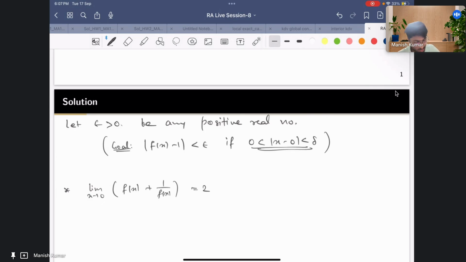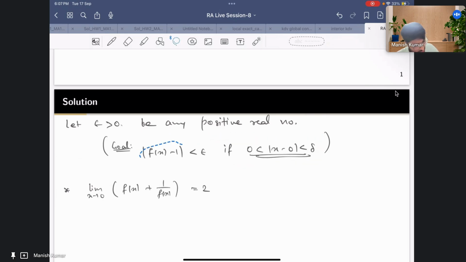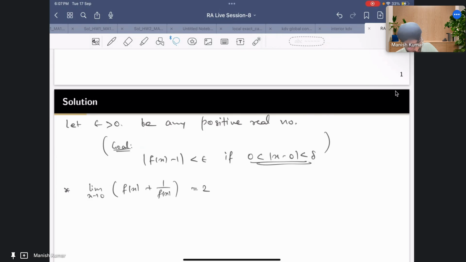So the goal is to find delta greater than 0 such that we have this. This is something that we need to establish over here.